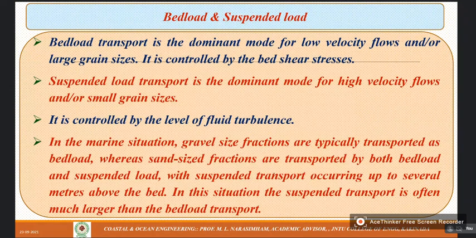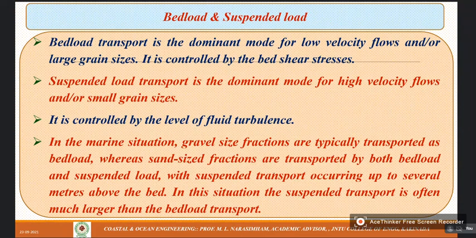Now, let us go to the details of this bed load and suspended load. Bed load transport is the dominant mode for low velocity flows and large grain sizes. When the grain size is large, due to its weight, it will get settled near the bed.